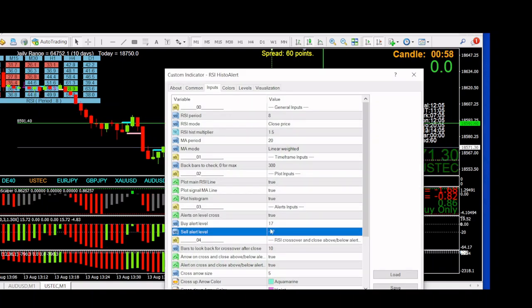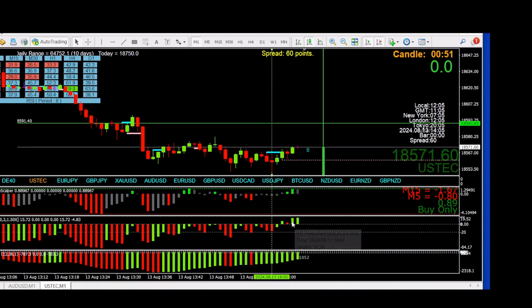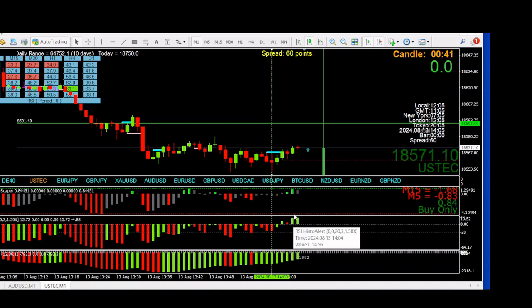So I've got it set to 17 and minus 17. It hasn't broken the 17 level yet, although I've got 20s on the thing, I haven't reset them, which you can do of course. Just waiting for the momentum.